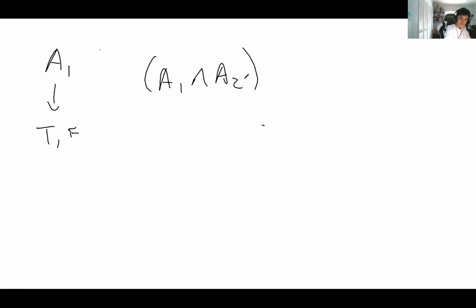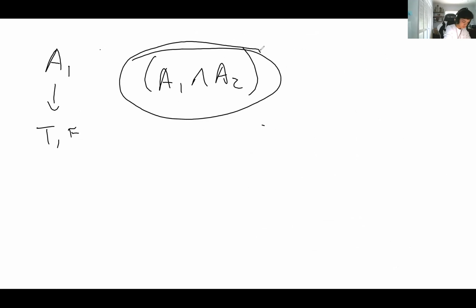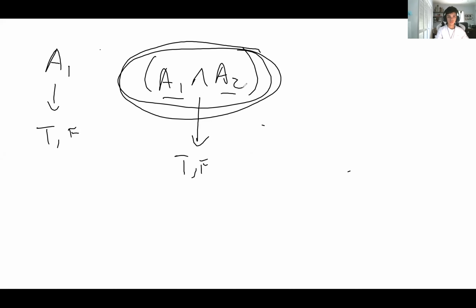Okay, maybe I should be more precise. When I have just one sentence, I can assign a truth value to it, so it can be either true or false. But when I do something like A1 and A2, this whole phrase, or whole sentence, is also assigned a truth value that's either true or false based on what A1 and A2 are.